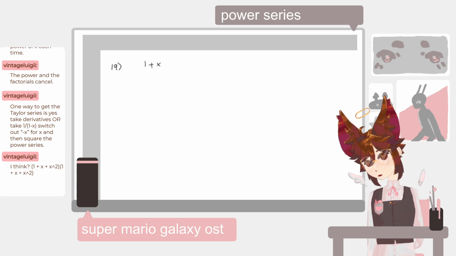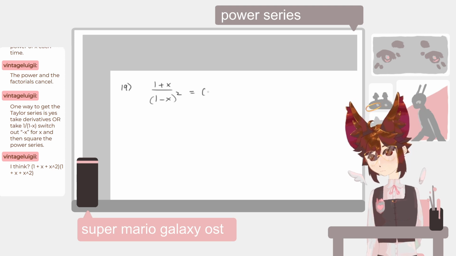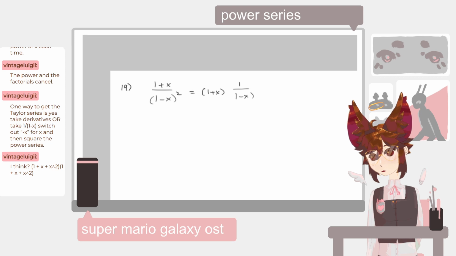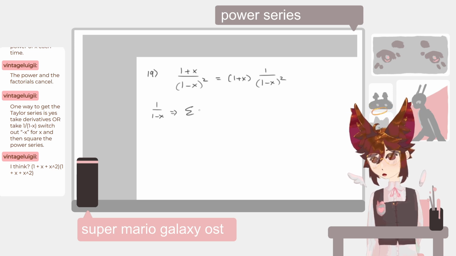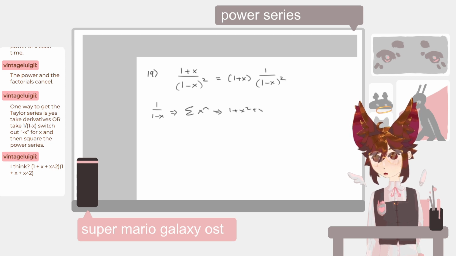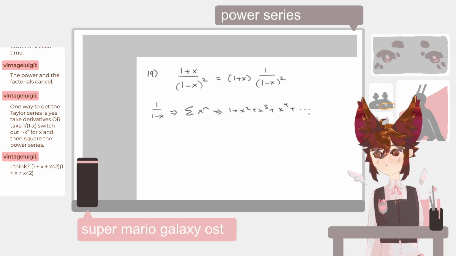It's kind of the same idea. 1 plus x over 1 minus x squared. Okay, start with the easy part. If we have 1 minus x, we know that the power series looks like the sum of x to the n. We know that looks like 1 plus x plus x squared plus x cubed plus x fourth plus dot dot dot.